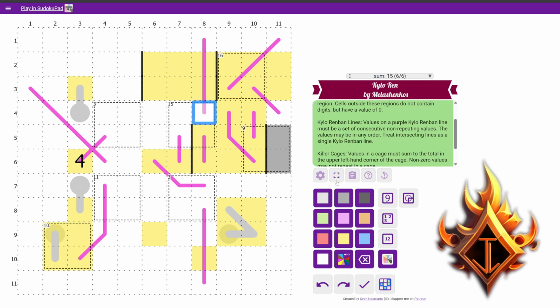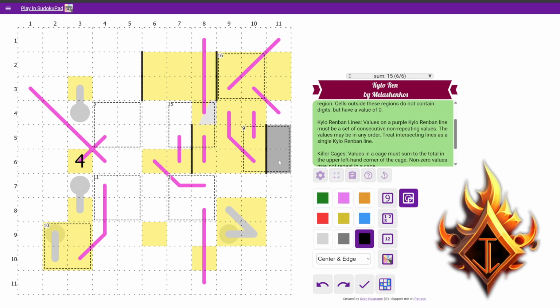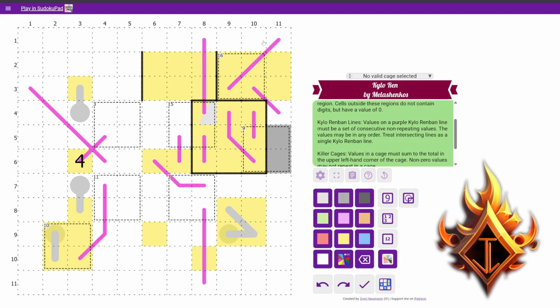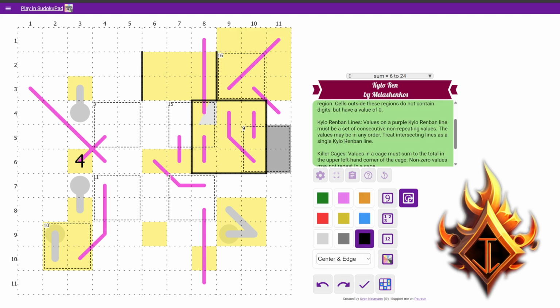What about this one then? Let's say that one is yellow. And then that would do that. It would make that one 0, so that one would have to be yellow in the corner. And it would do that. And then it would force that one up.